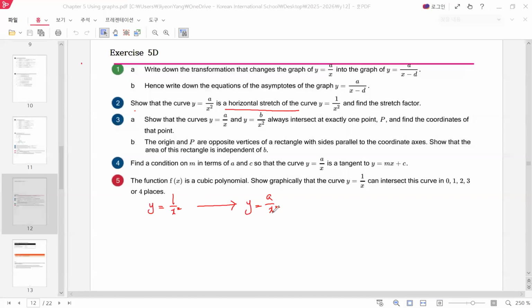You need to show that this graph can be made by stretching y equals 1 over x squared horizontally and then find the scale factor. So you need to do the two things. And find the scale factor.